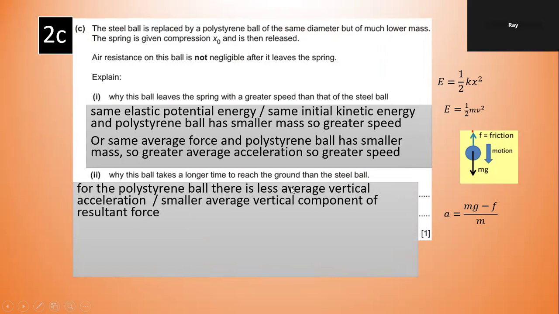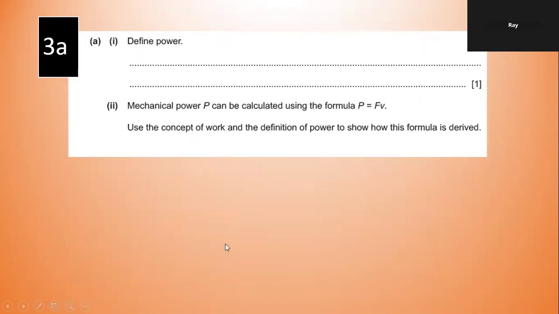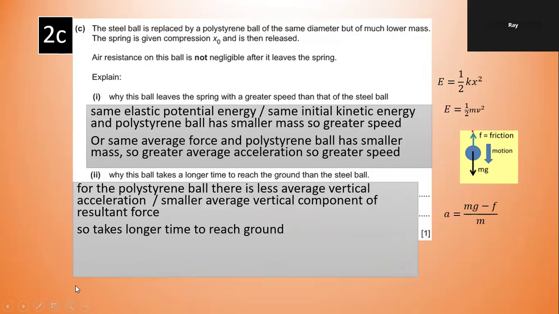There is less average vertical acceleration because of the air resistance, or a smaller average vertical component of the resultant force. So it takes longer time to reach the ground. You cannot say higher drag force, it doesn't explain anything. Higher drag force, so the acceleration becomes smaller, so it takes longer time.